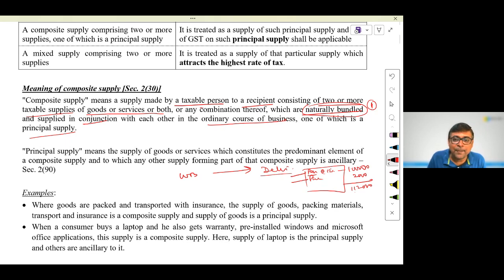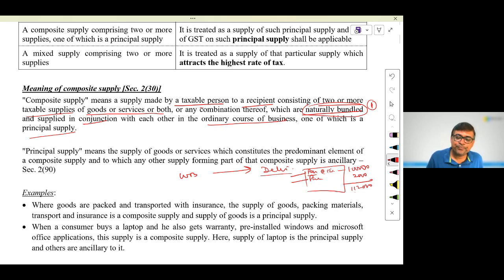We are supposed to check whether this bundle is a case of composite supply or a mixed supply.